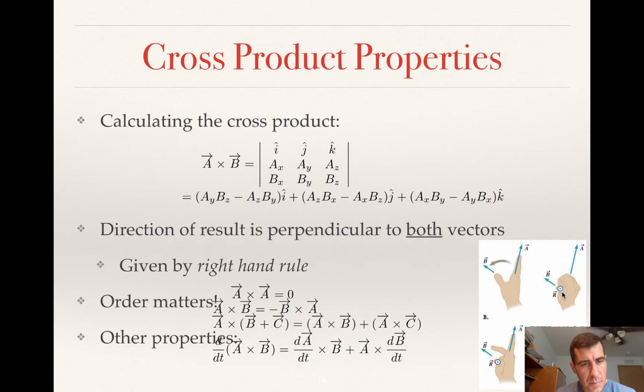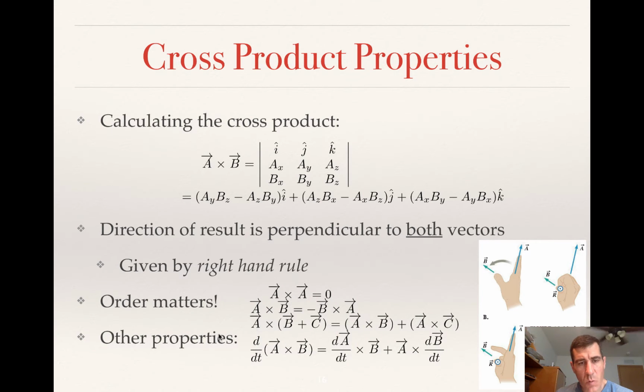Another important thing about the cross product is that the order matters. And here are some other properties that sometimes come in useful. If you take the cross product of vector A with itself, that's always 0, because the angle between a vector and itself is 0. And remember, in one of the equations we had the sine of the angle in between those two vectors.